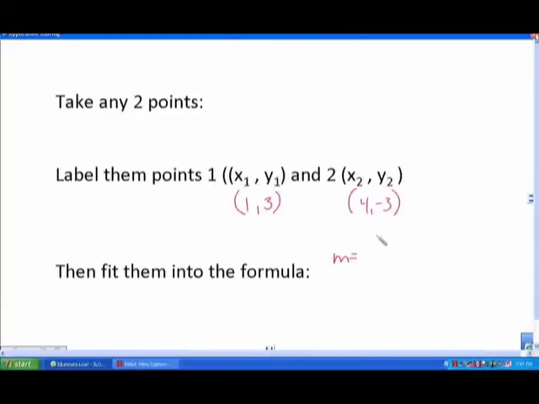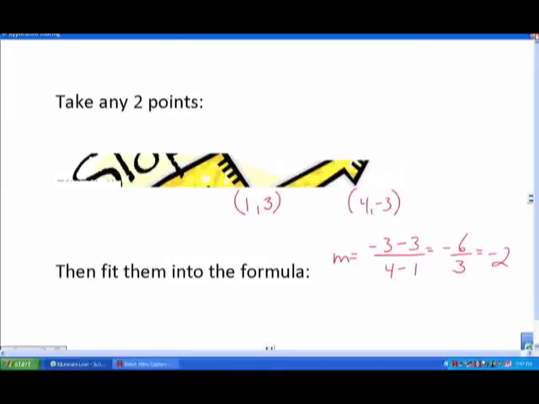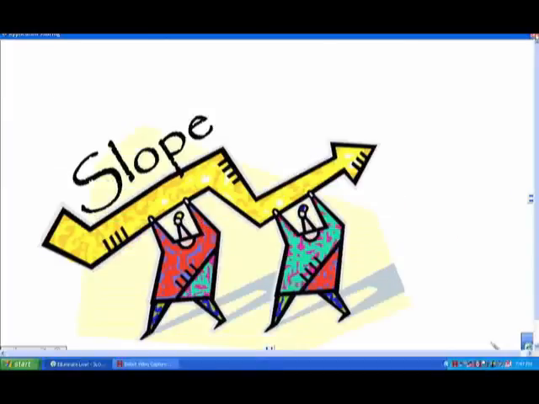Fitting that into the formula, we have y2, negative 3, minus y1, which is 3, over x2, 4, minus x1, 1. 3 minus 3 is negative 6, 4 minus 1 is 3, and as you recall, the slope of that second line was negative 2. So now we've seen the slope of two lines on a graph and calculated using the slope formula. That's this overview for slope.